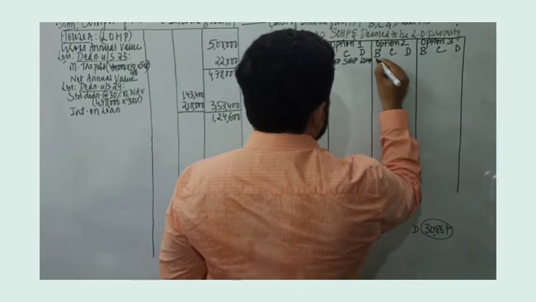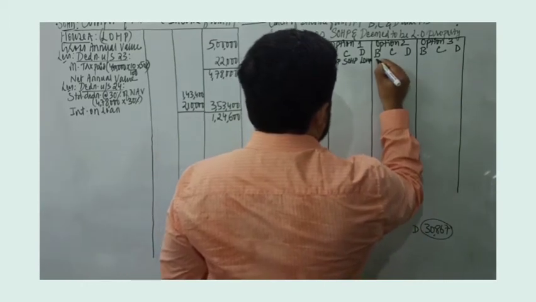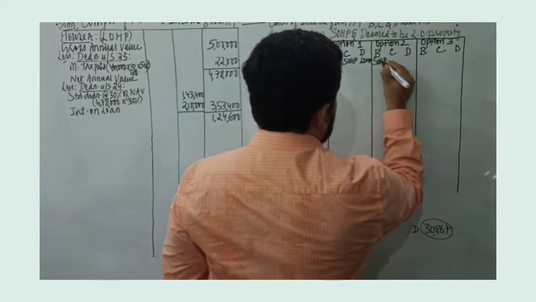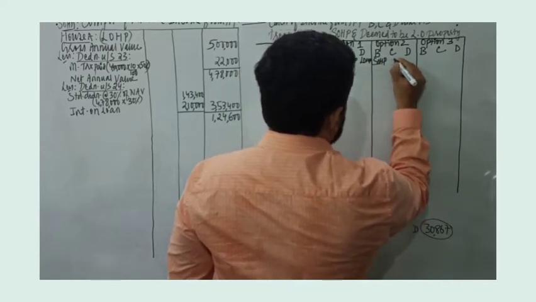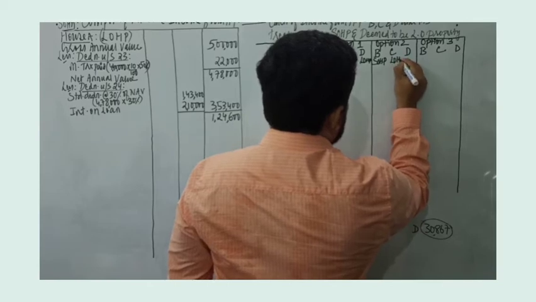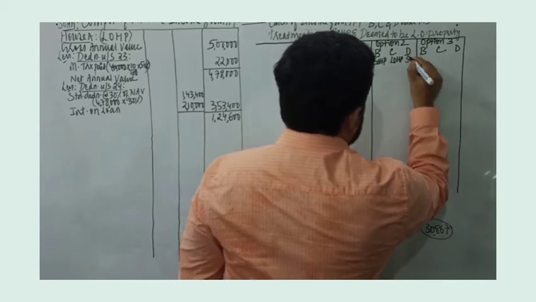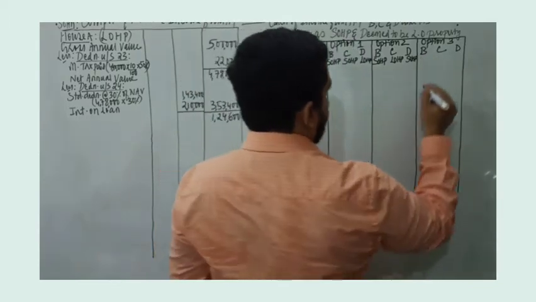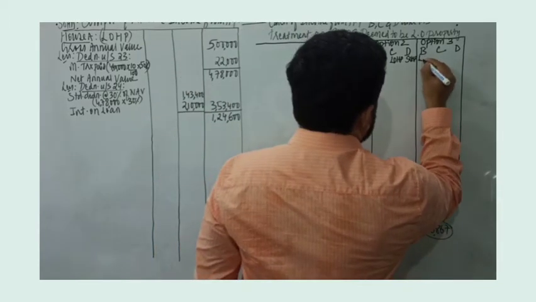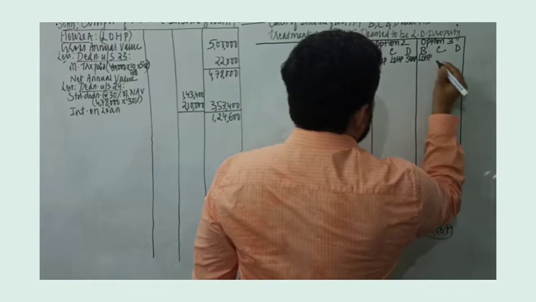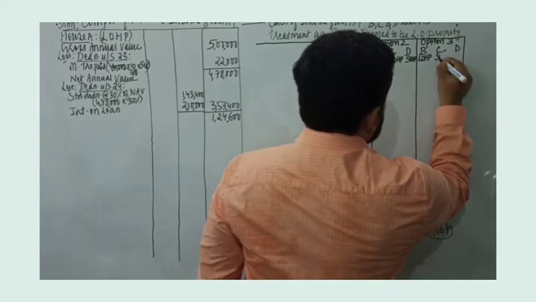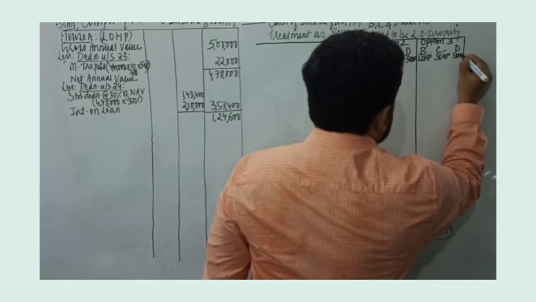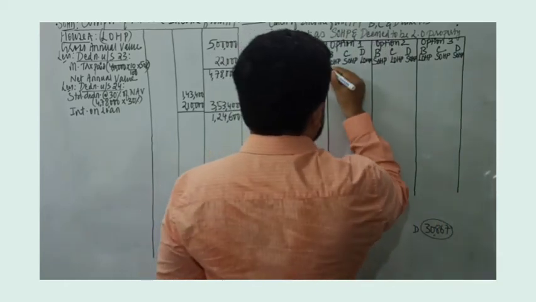In option 2, I will take house property B as SOHP, self-occupied, house C as let out house property, and house D as self-occupied house property. In option 3, I will take house B as let out house property, house C as SOHP, self-occupied, and house D as SOHP, self-occupied property.